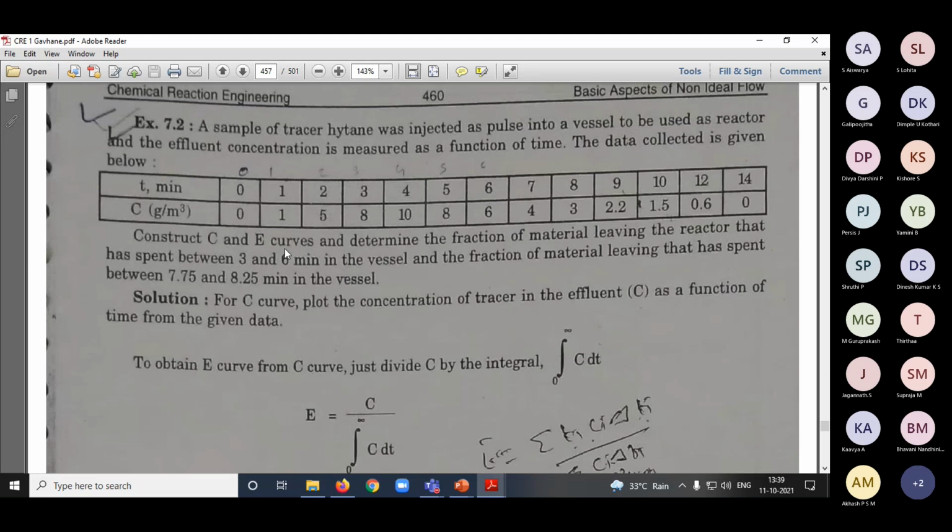Construct the C curve and E curve and determine the fraction of material leaving the reactor that has spent between 3 and 6 minutes. So he wants how much of the material is staying between 3 and 6 minutes in the vessel, and the fraction of material leaving that has spent between 7.5 and 8.5 minutes in the vessel.